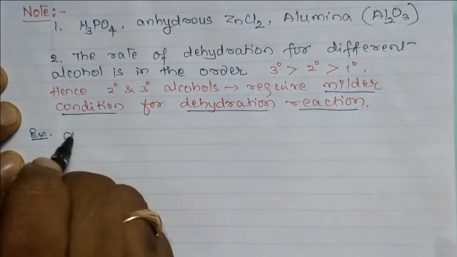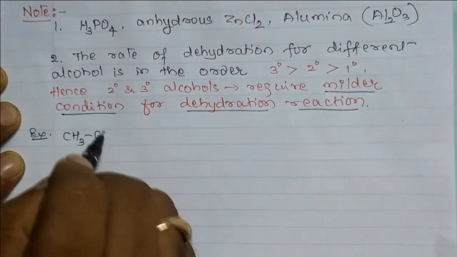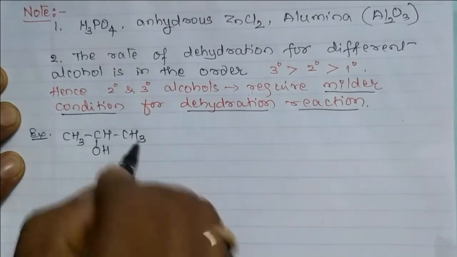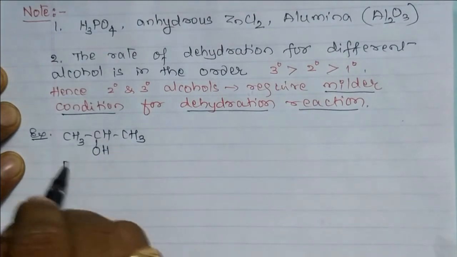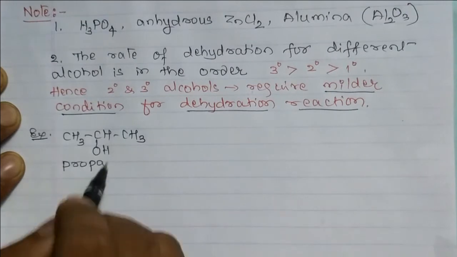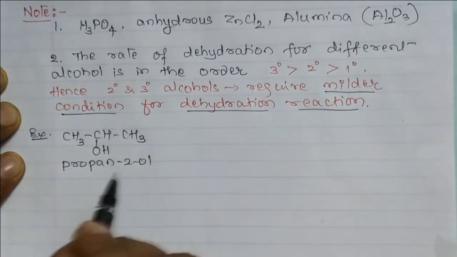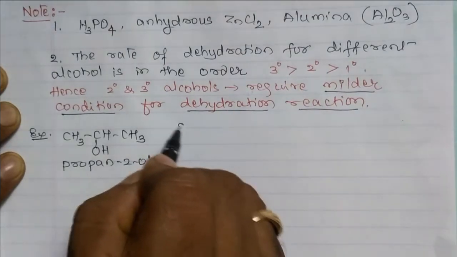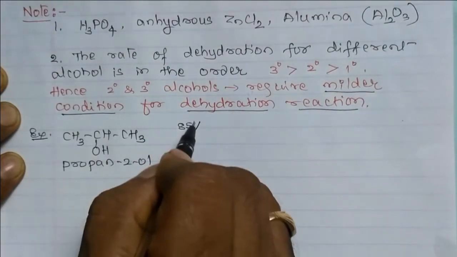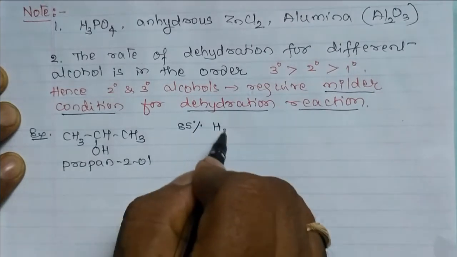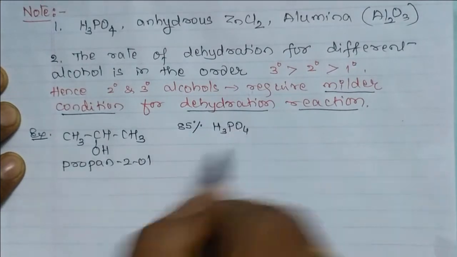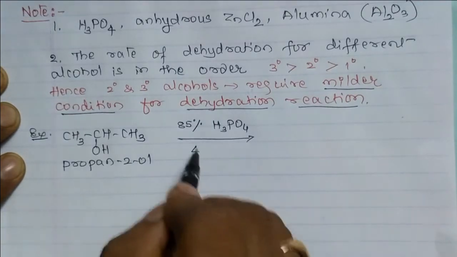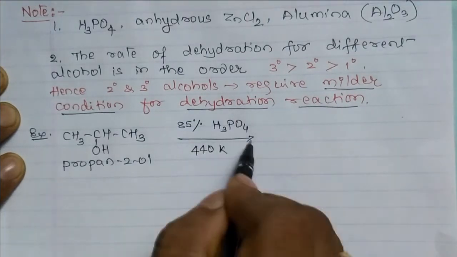Isopropyl alcohol, CH3 CHOH CH3, or propan-2-ol. Here we require 85% phosphoric acid. Sulfuric acid is not required. Then the temperature is also less, 440 Kelvin.